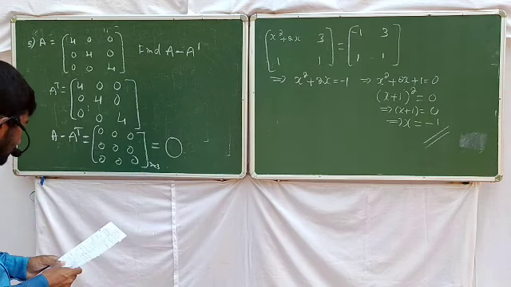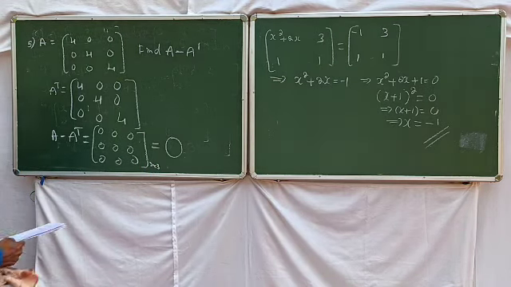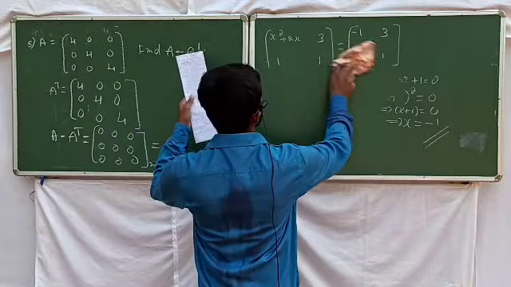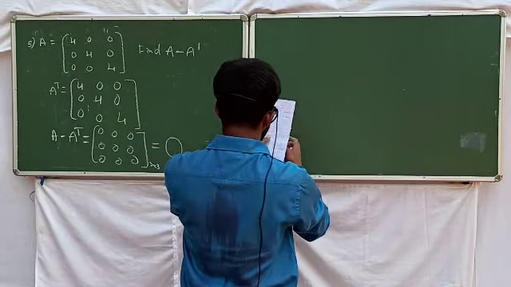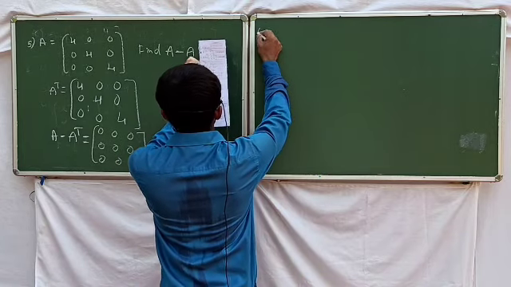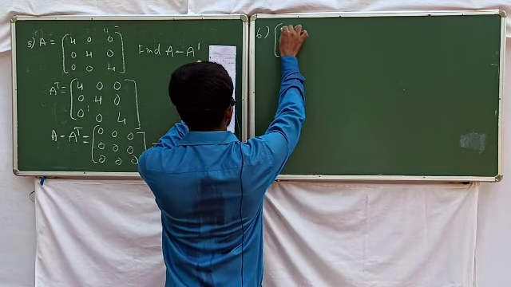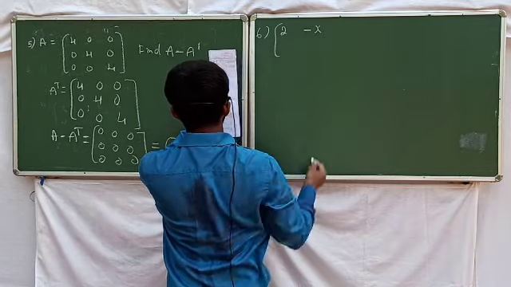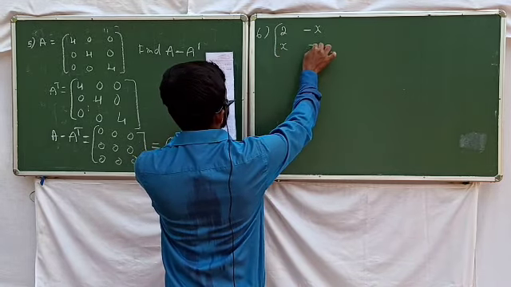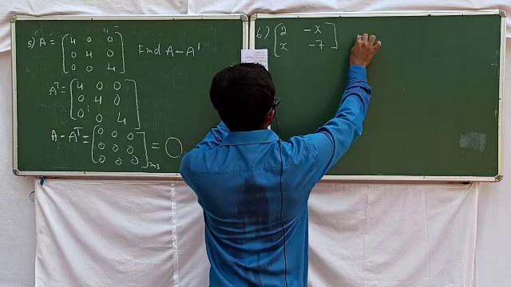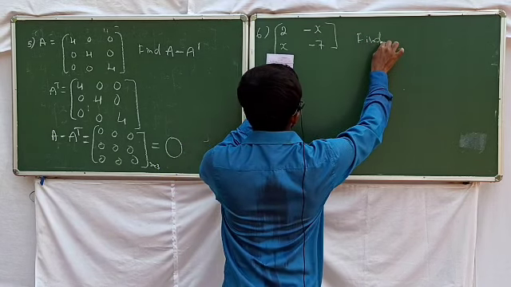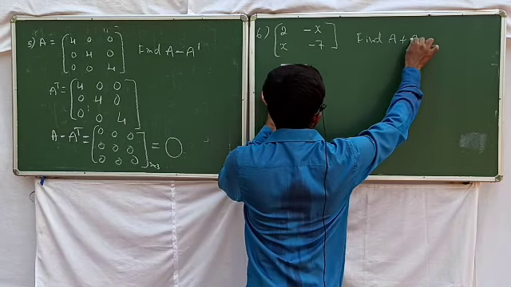Okay, next question. Find the value of x. Sixth question. A is 2 minus x, x minus 7. The question is to find A plus A transpose.